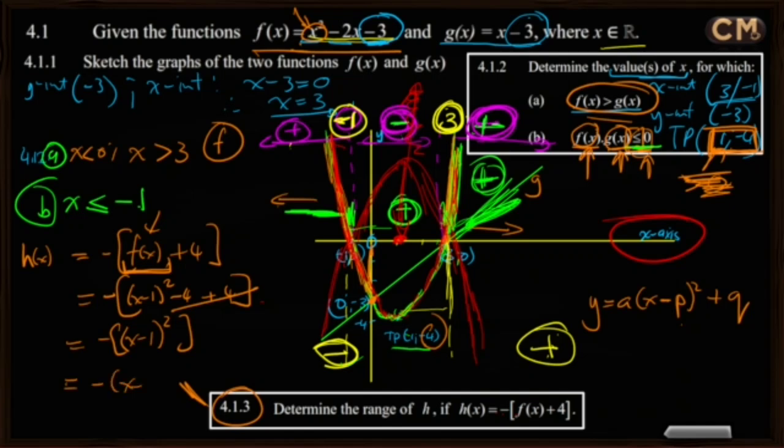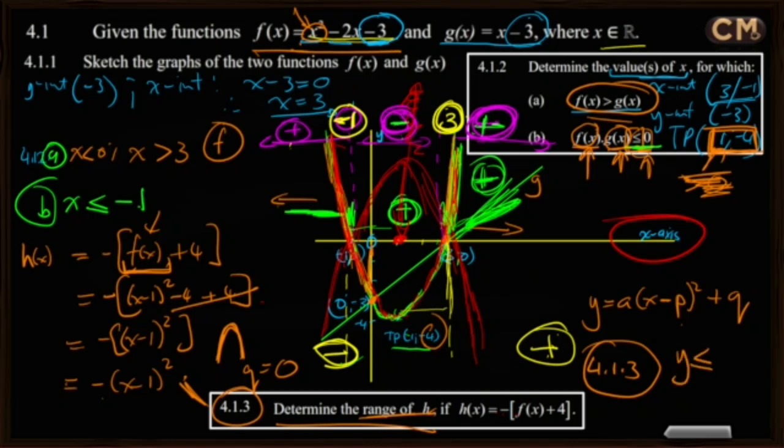So what we will be left with is x minus 1 all squared. There. So what is the range of this thing now? Well, we now have a frowny face parabola with a q value equal to 0. That means for 4.1.3, our range is that y is less than or equal to 0.